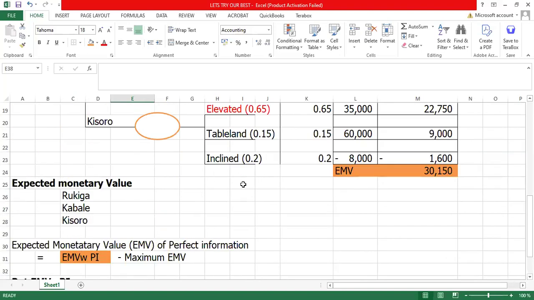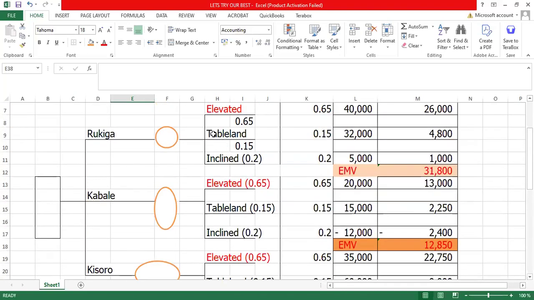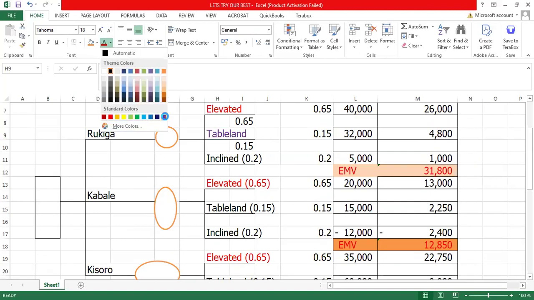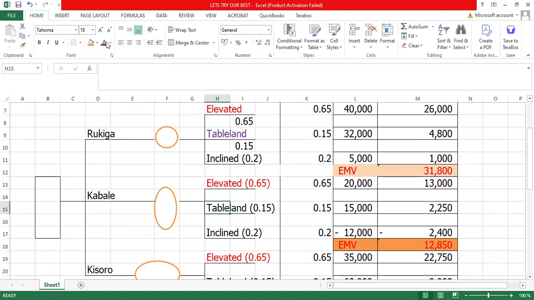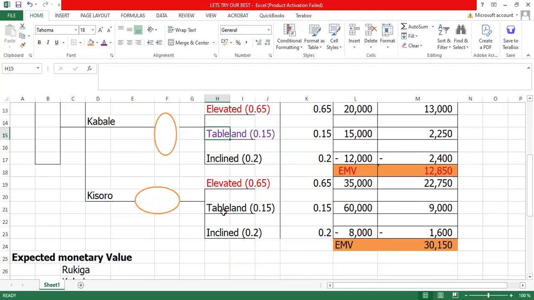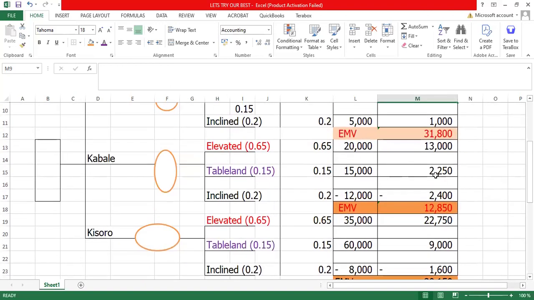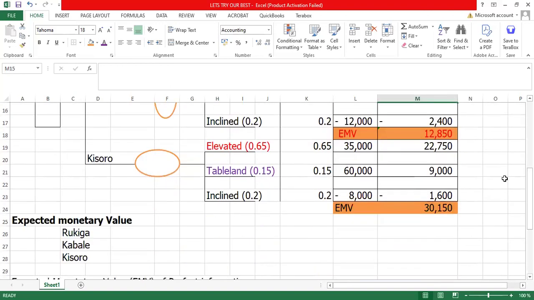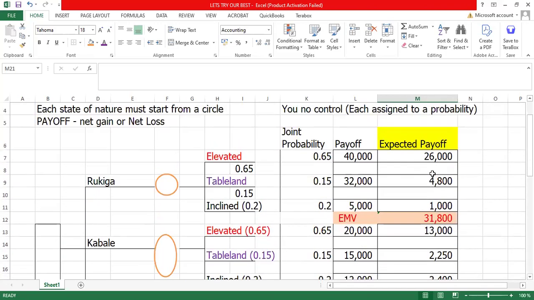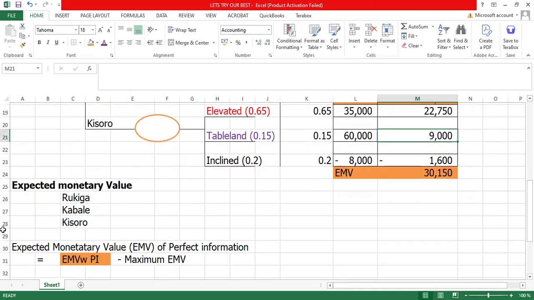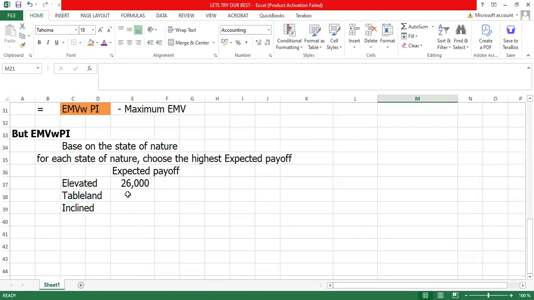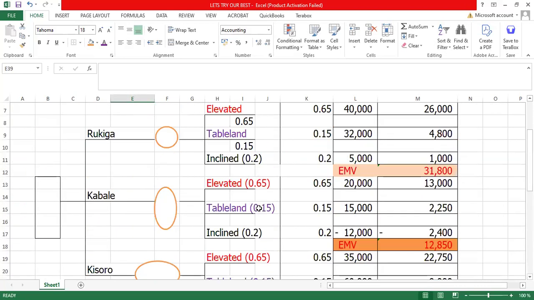Then next, tableland. Do the same. This is tableland. Choose the highest. This is 4,800. This is 2,000. This is 9,000. So the highest is 9,000. Then inclined.